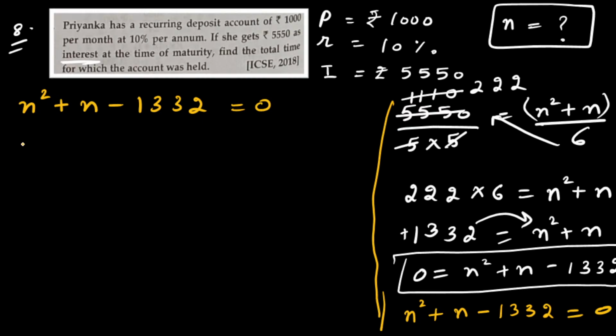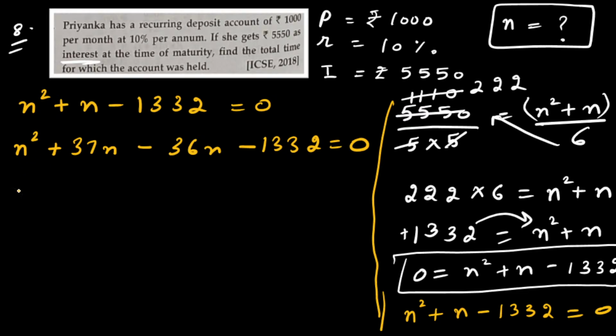I am directly substituting the factors because I will not explain how to get the factors, we already know that from quadratic equations we have done. As per the factors given by Navya, I am just using positive 37. So 37n minus 36n minus 1332 is equal to 0.